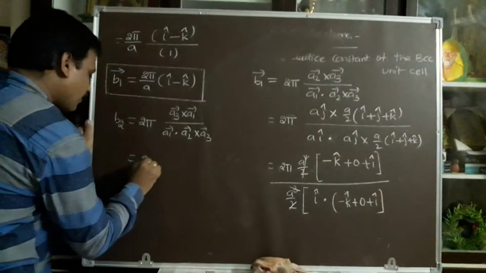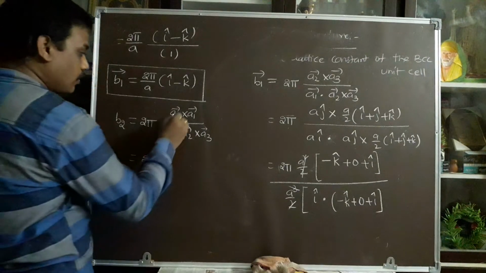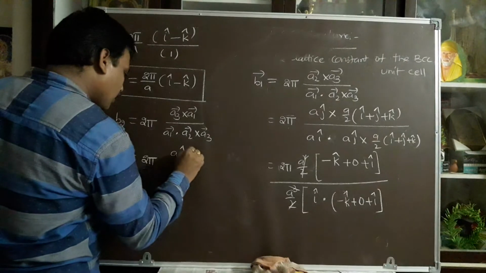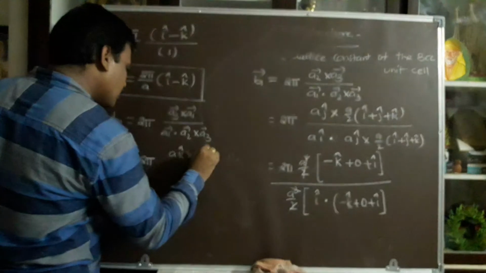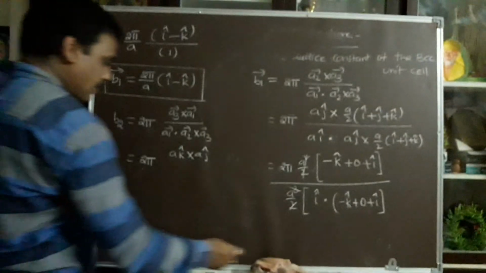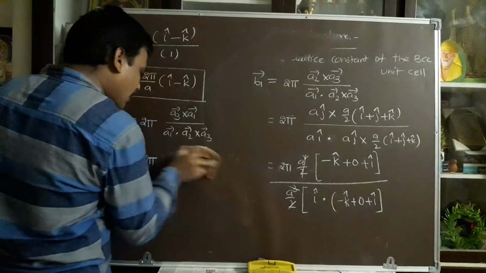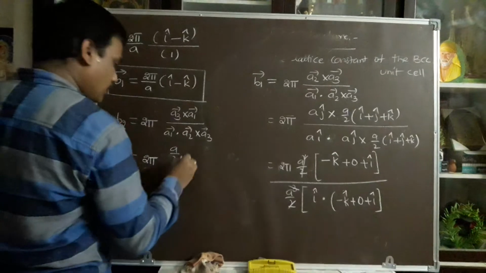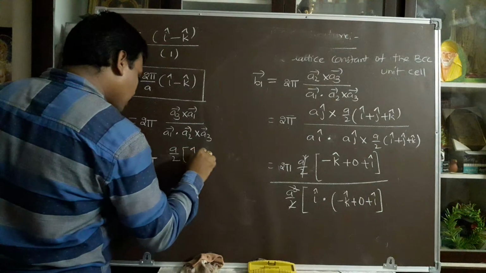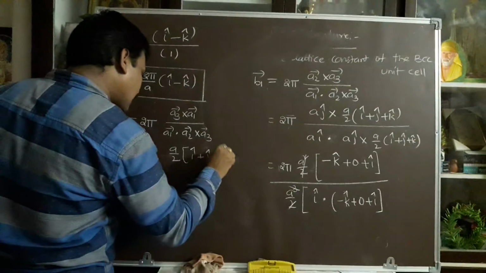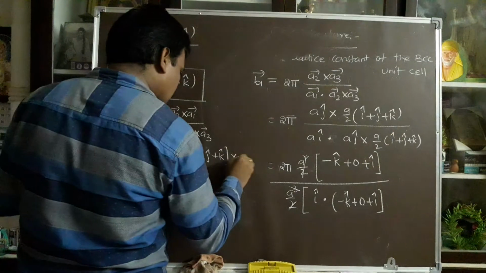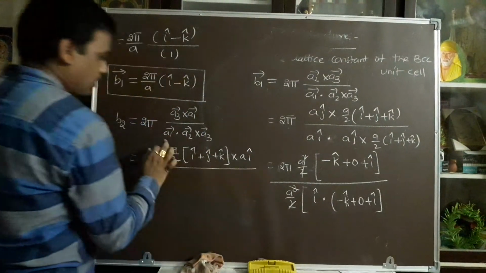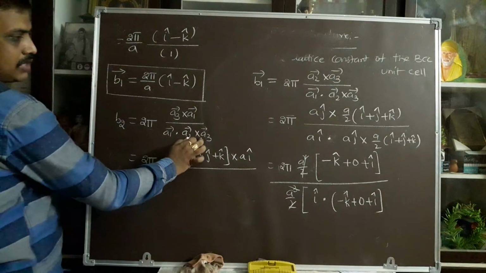I am substituting the values in this equation. 2 pi into A3, which is a by 2 into i bar plus j bar plus k bar, cross a into i cap, divided by A1 bar dot A2 bar cross A3 bar.